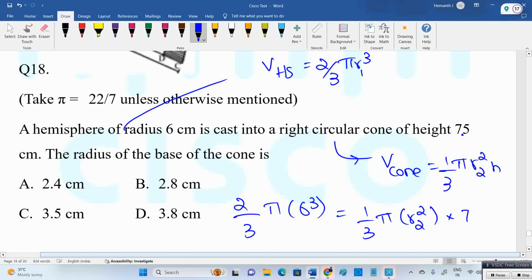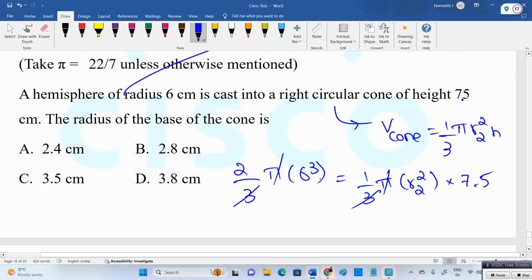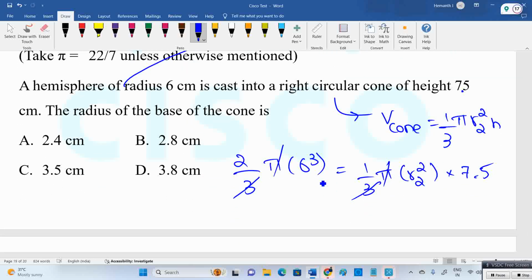Height 7.5, I think so. You check once, it seems like 7.5. You need to calculate the radius here. 7.5 is nothing but 15 by 2. No, 75 only. 75 only is correct.